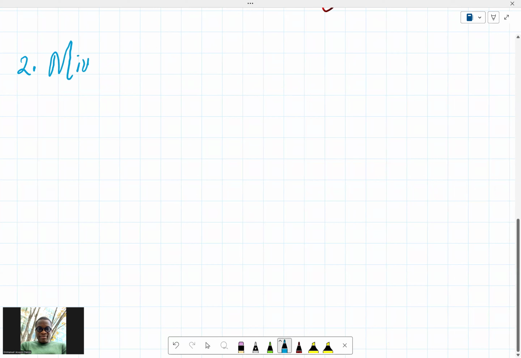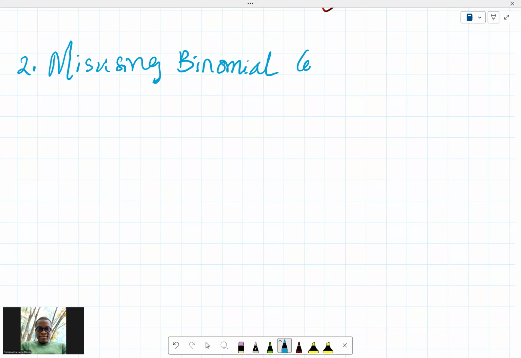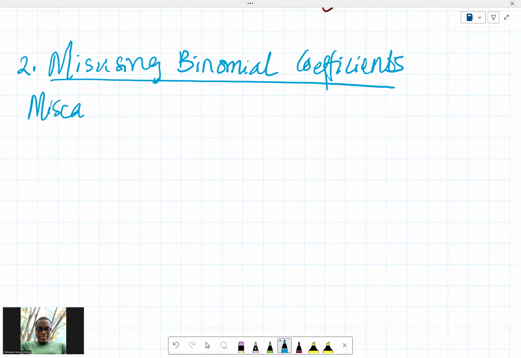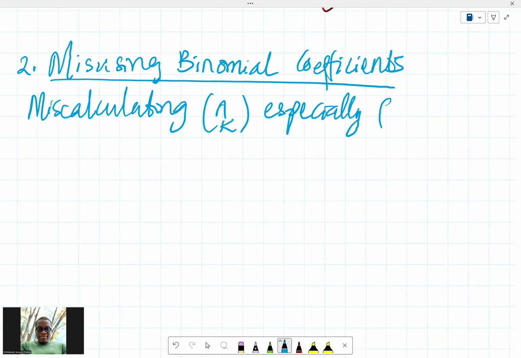What is another possible pitfall you can have? You can misuse binomial coefficients. So here, you can easily miscalculate n combination k, especially for higher values of n.